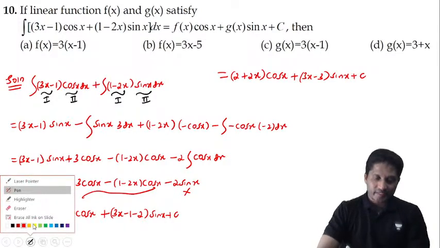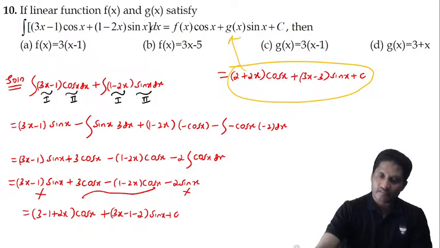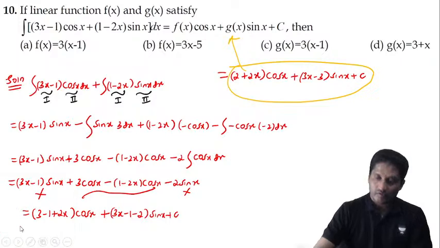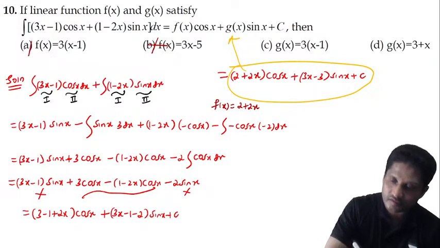Now I'm going to compare this with the given question. If you compare this with the given question, what is f of x? f of x is equal to 2 plus 2x. This means that this option is out, this is out.